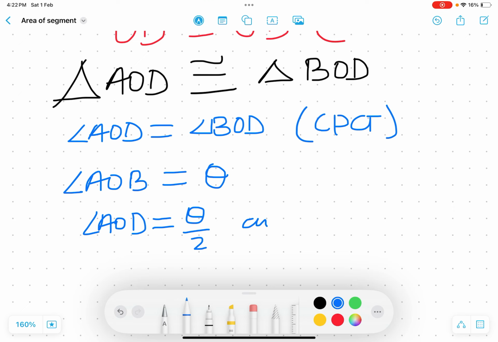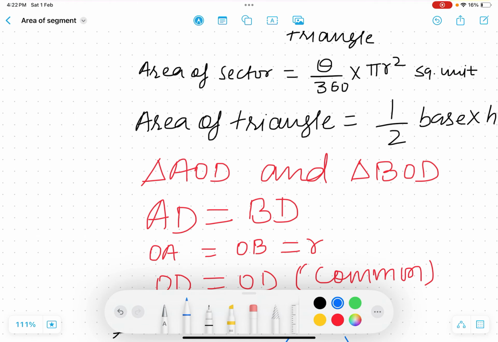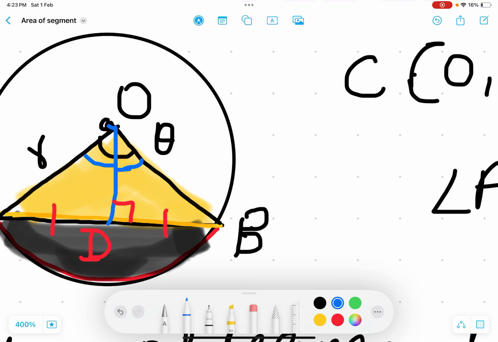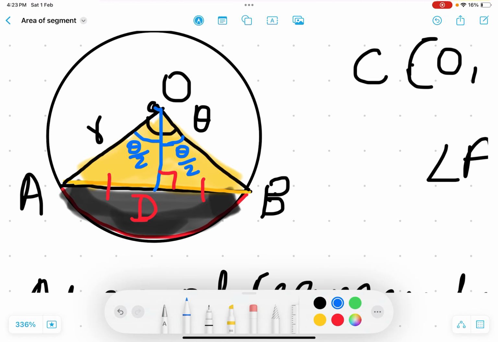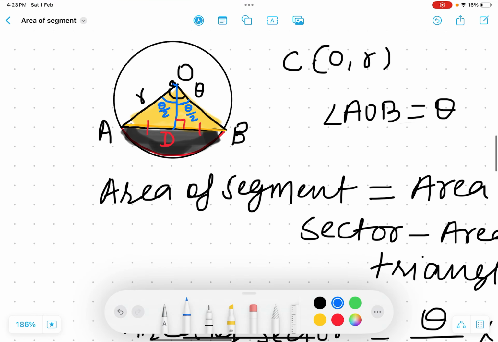Also BOD is equal to half of theta, isn't it? So these two angles are theta by 2, and this also is theta by 2, isn't it?